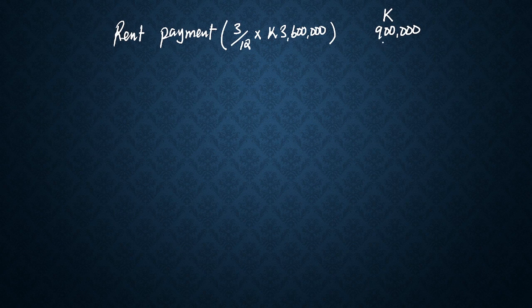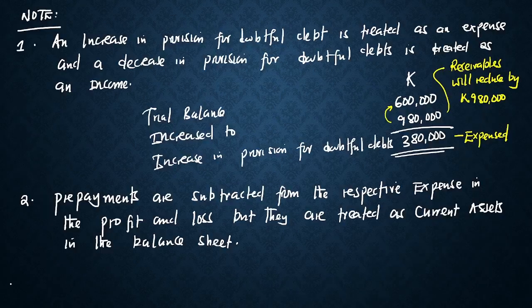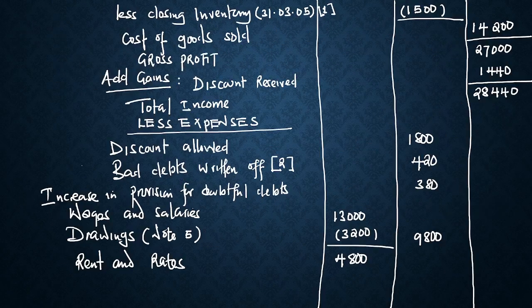Meaning this value will be subtracted from the respective expense, and we're going to treat it as a current asset when you get the balance sheet. I hope it's clear. Paid in advance.